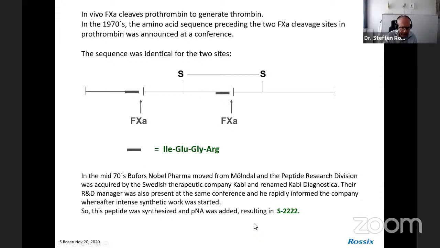And their R&D manager was also present at the same conference, and he rapidly informed the company on the cleavage site sequences, whereafter intense synthetic work was started. This resulted in S2222, and of course many other peptides, resulting also in a good patent, which was very important for Kabi Diagnostica.